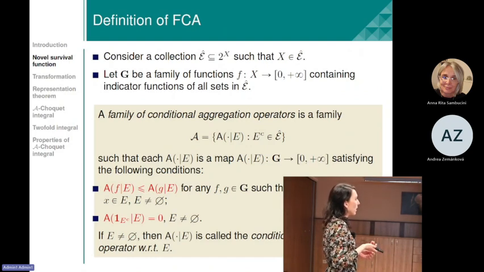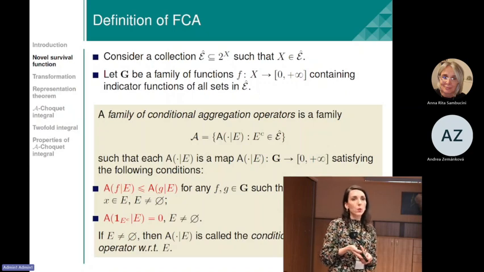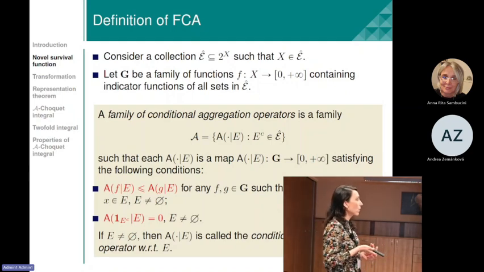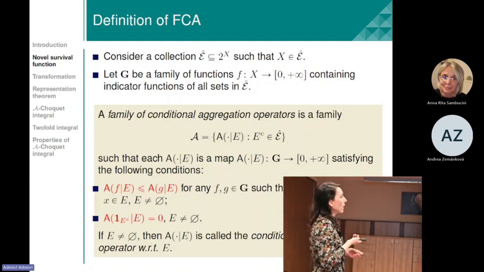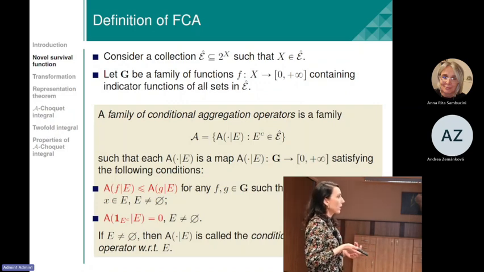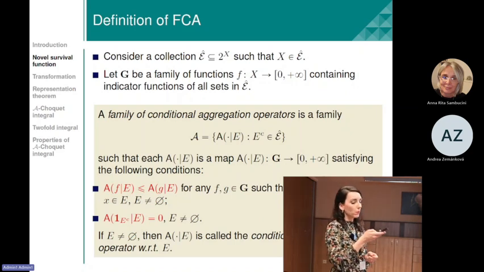As we can see, the empty set isn't included in this definition. It's because the empty set doesn't give us any additional information for aggregation. But if X belongs to the collection, then we get A on the empty set. Naturally, we set it equal to 0.